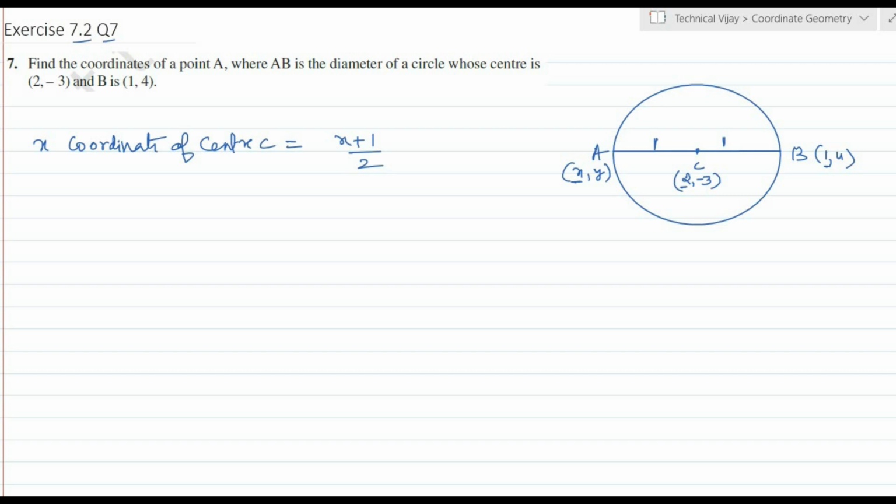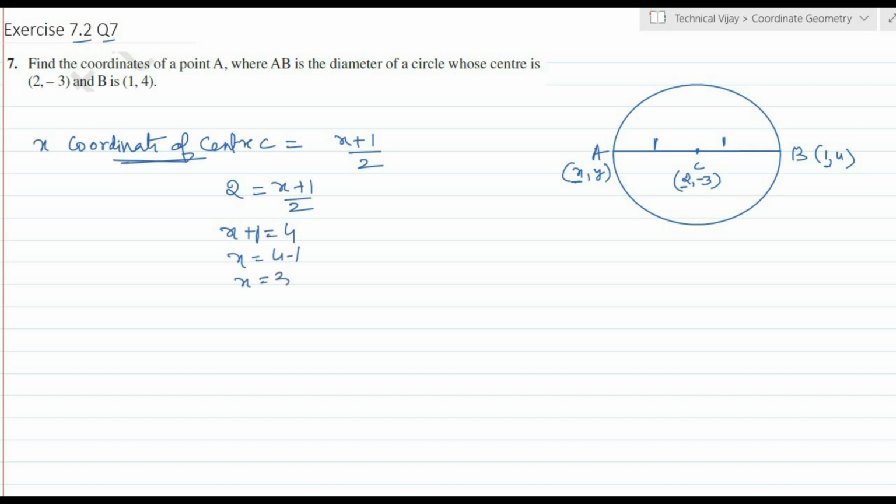So the x coordinate of center C is 2, which is equal to (x plus 1) divided by 2. So x plus 1 is equal to 4, by cross multiplication. So x is equal to 4 minus 1.